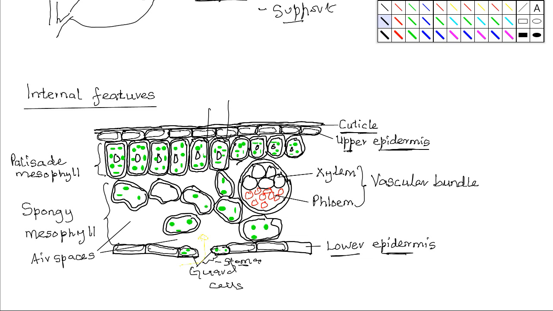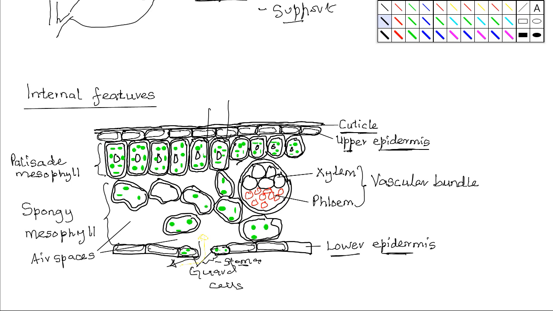The palisade mesophyll consists of cells that are packed with numerous chloroplasts. So this green body, these are the chloroplasts. The chloroplasts contain chlorophyll molecules which absorb light energy that is used in photosynthesis.